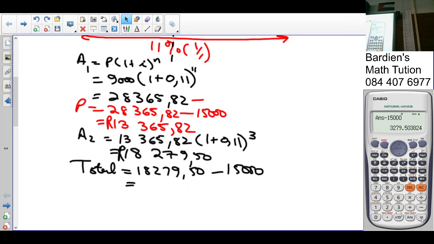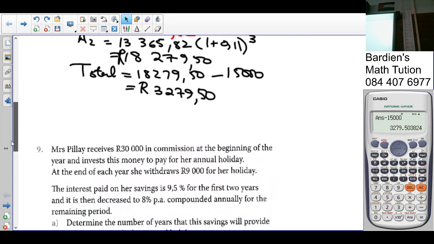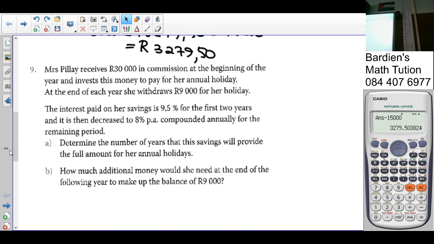That gives her a balance of 3,279 rand and 50 cents. Does it make sense, people? Okay. Let's look at question 9.